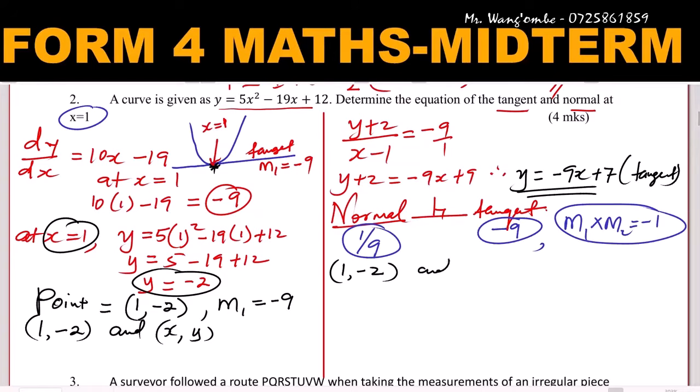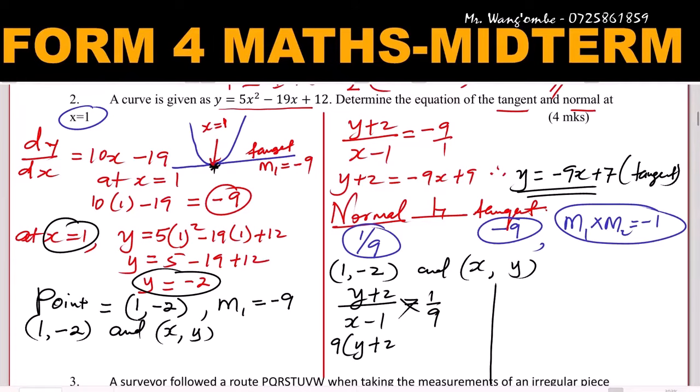So we simply introduce another general point on that line, x, y, and use these 2 points to calculate the gradient, which is 1/9. So gradient is given as change in y subtract -2, which is y plus 2, divided by change in x subtract 1, is equal to the gradient of the normal, 1/9. So if you cross multiply here, you get 9 multiplied by y plus 2 is equal to x minus 1.